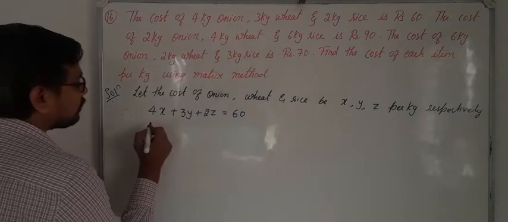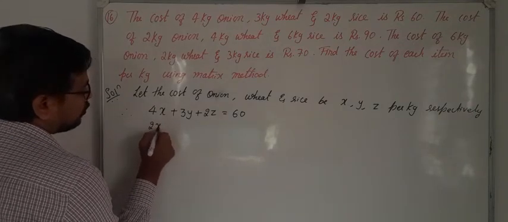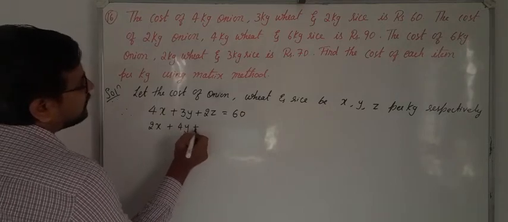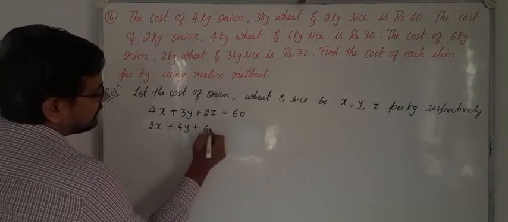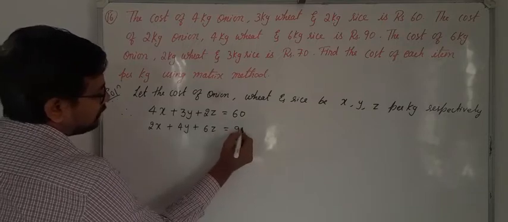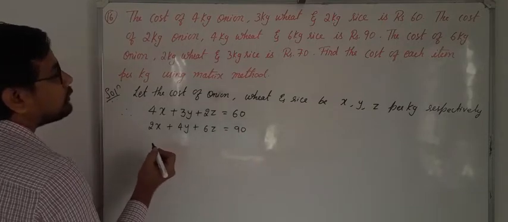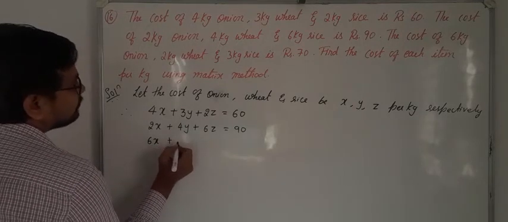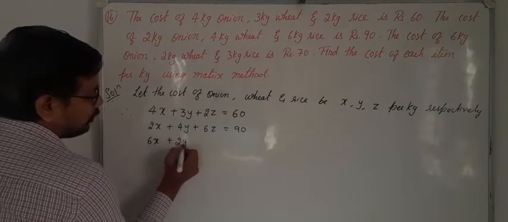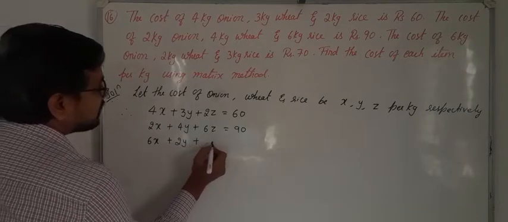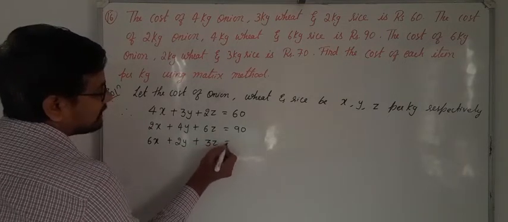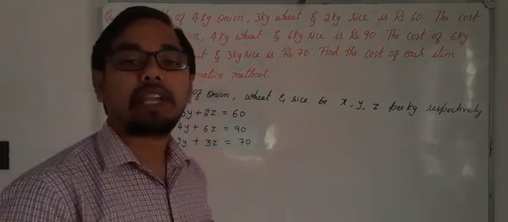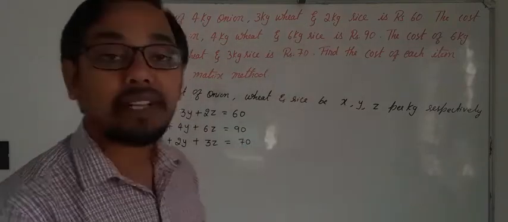Similarly, the second one, cost of 2 kg onion, that is 2x, plus 4 kg wheat, 4y, plus 6 kg rice, 6z will be equal to 90, and the cost of 6 kg onion, that is 6x, plus 2 kg wheat, 2y, plus 3 kg rice, 3z is equal to 70. Right? So this is how we can form the equations from the given data.